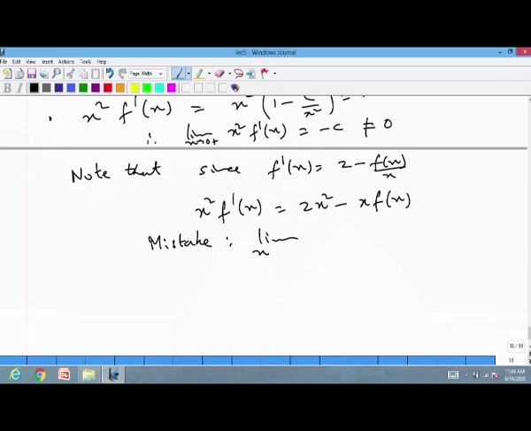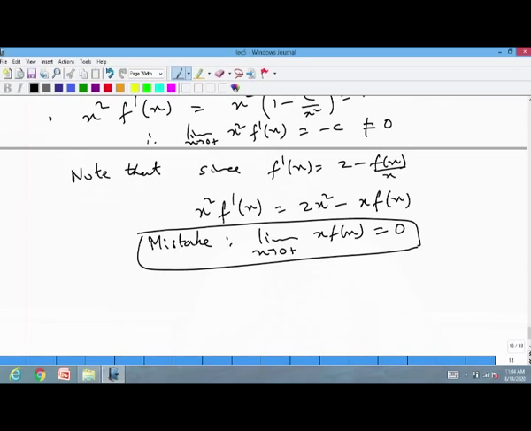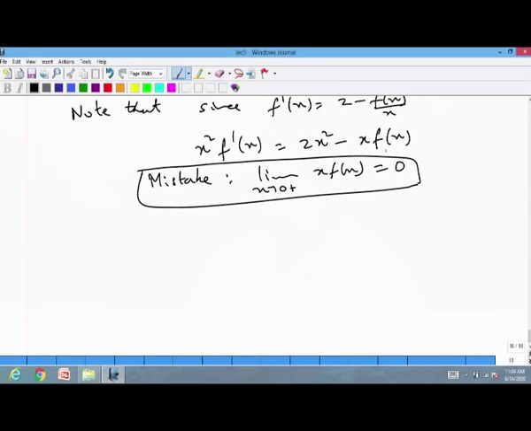That is a mistake, thinking that limit x approaching 0 plus of x f x is equal to 0. This need not be true because this limit of f x as x approaches 0 might be infinity or minus infinity.